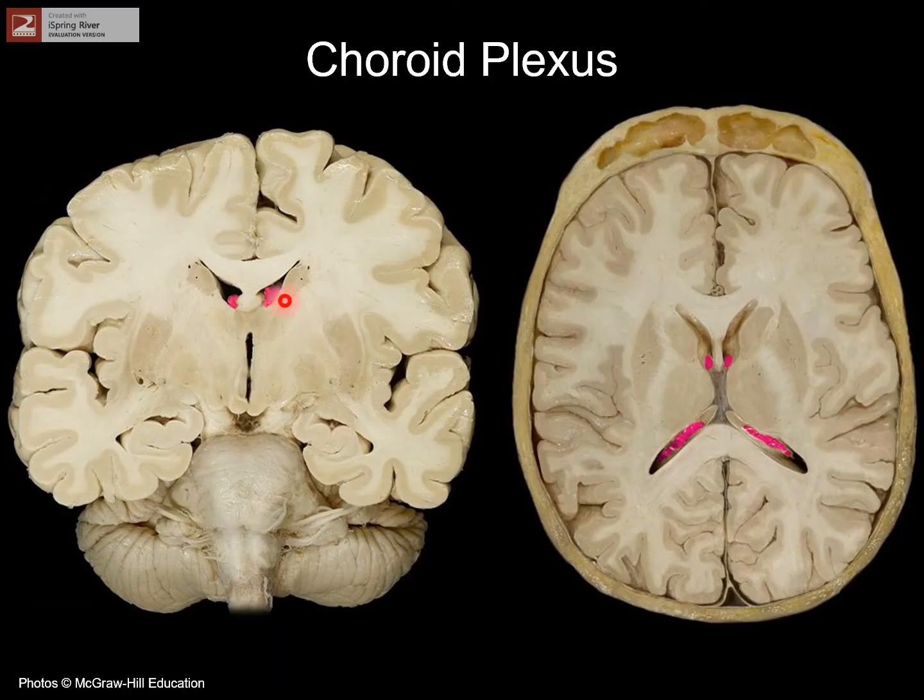So this is a picture of the choroid plexus. The choroid plexus line the ventricles and contain specialized ependymal cells, which are a type of neuroglial cells. The ependymal cells play an important role in production of cerebrospinal fluid, and if you remember, their apical or top surface is covered in cilia.